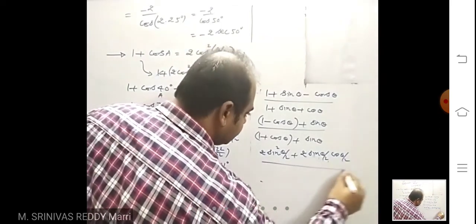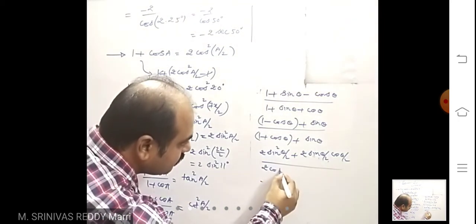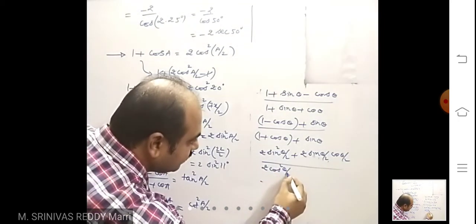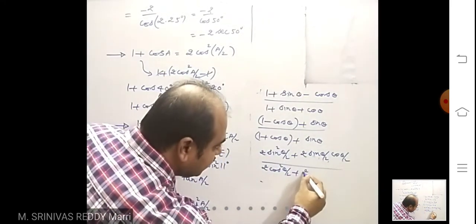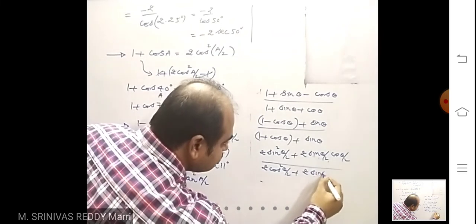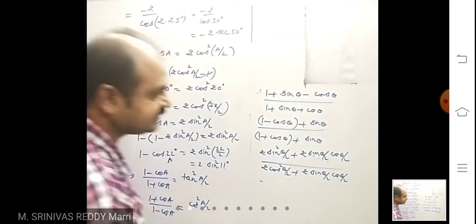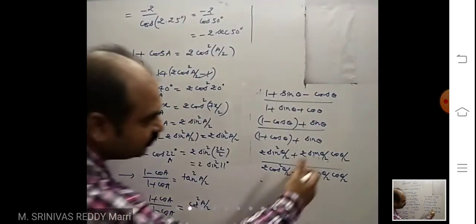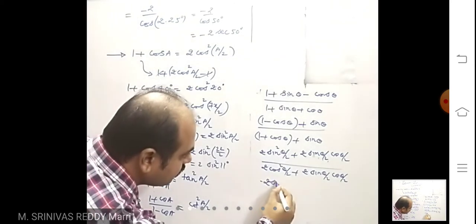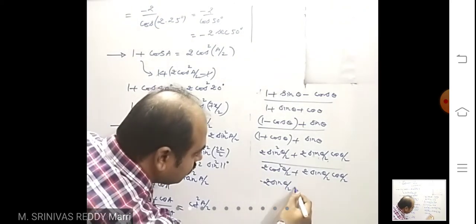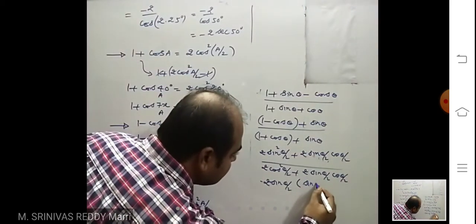Divided by 1 plus cos theta, which is nothing but 2 cos square theta by 2. Now sine theta can be written like this: 2 sine theta by 2 cos theta by 2. In the numerator, take 2 sine theta by 2 common, into sine theta by 2 plus cos theta by 2.